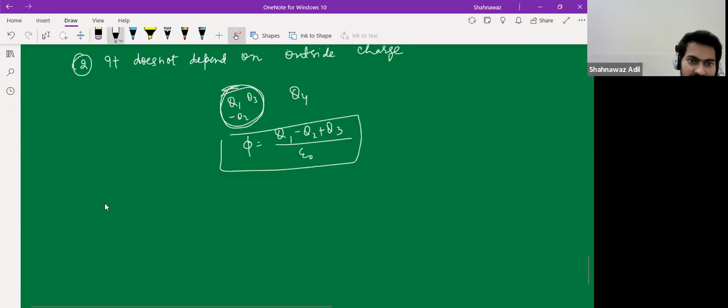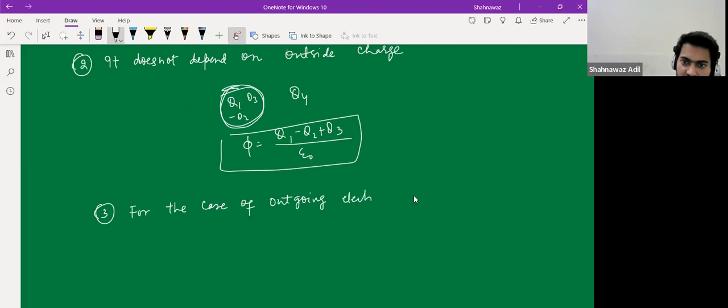And the third property is that for the case of outgoing electric field lines, flux would be positive, and vice versa.